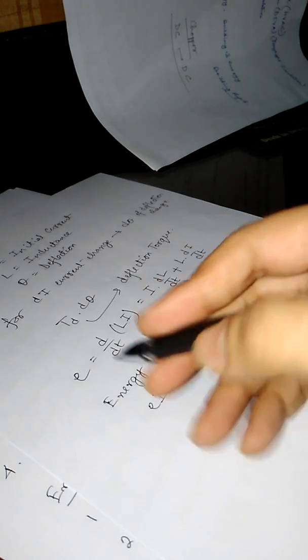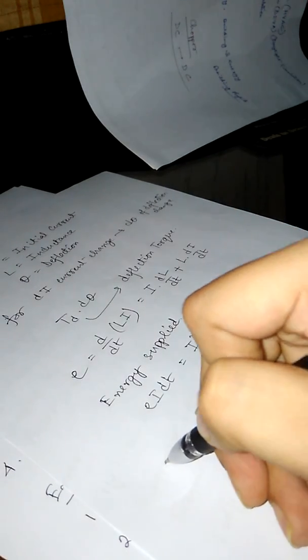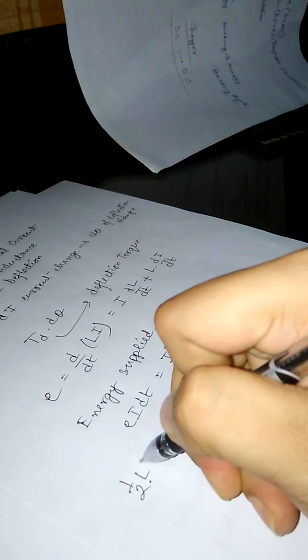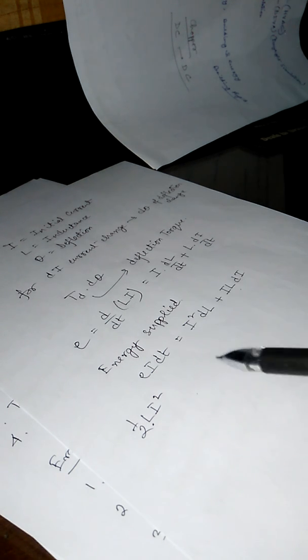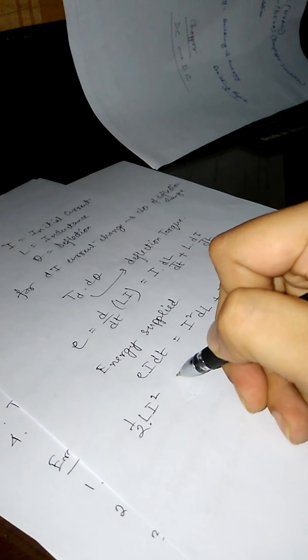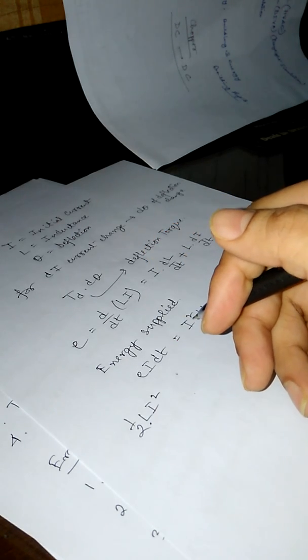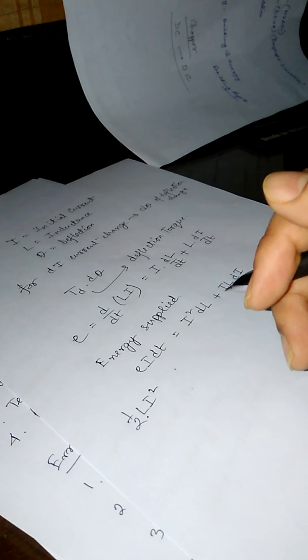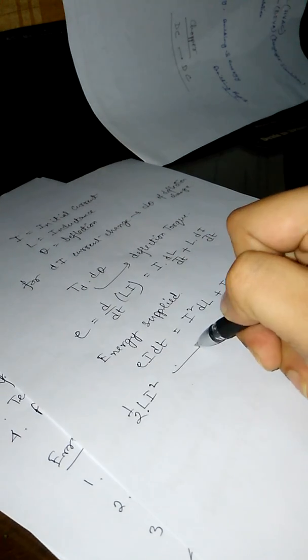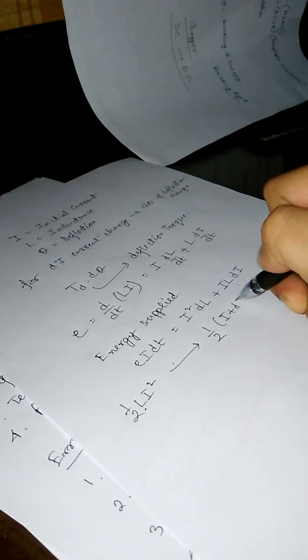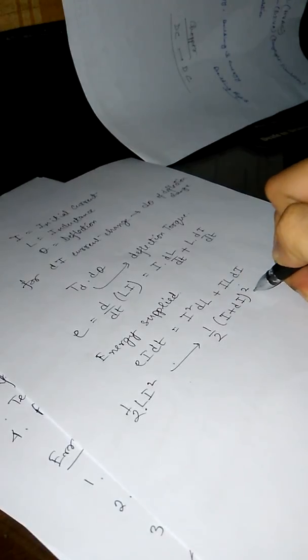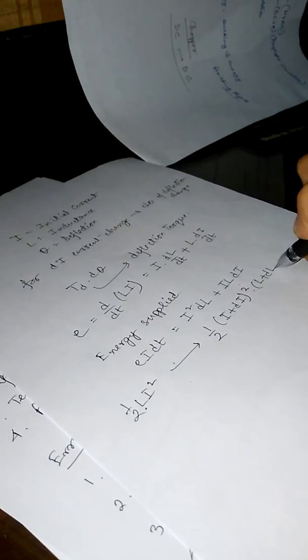Now we know another energy formula that we are considering, that is half L I square. Suppose half L I square is my initial energy, and now there is a small increment of energy, that means the energy is going to change because of the change in current in the system. So that is going to be half (I plus dI) square into (L plus dL).